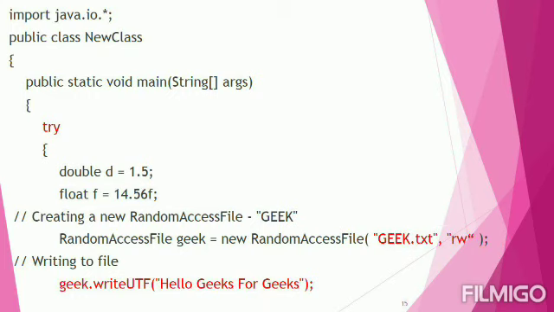To write to the file, I make use of the object geek.writeUTF. The text I am going to write into the file is "Hello Geek for Geeks".